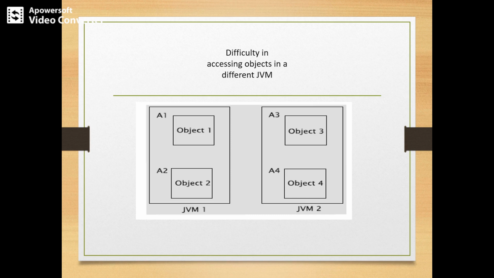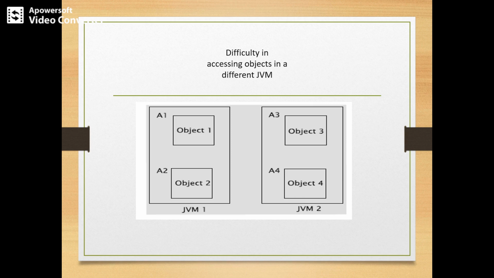Here the code within object 2 can access the fields and methods in object 1 using the address A1, subject of course to access specifiers. However, addresses A3 and A4, which give the addresses of object 3 and object 4 in JVM 2, are meaningless within JVM 1.